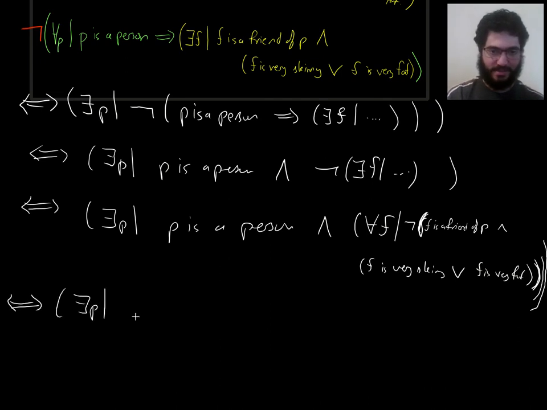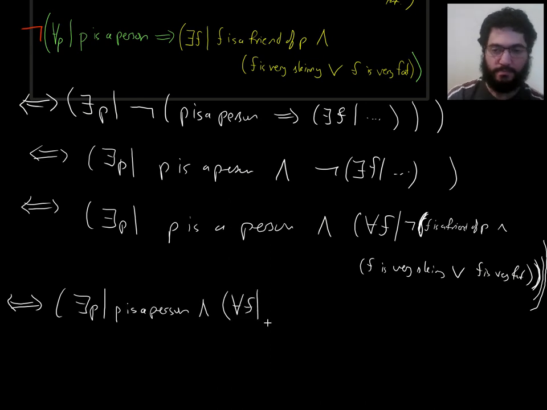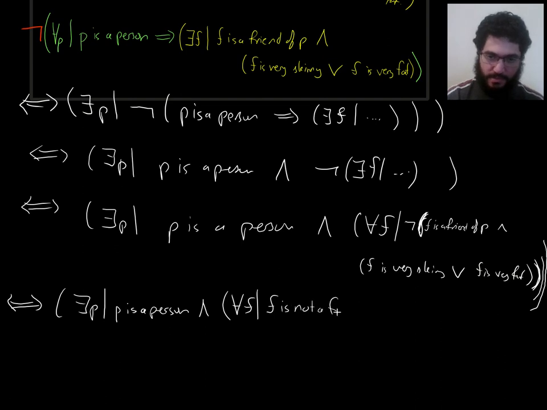Lots of parentheses. So now this negation can distribute over this using De Morgan's law. So there exists a person such that for all f, now f is not a friend of p, or it's not the case that f is very skinny or f is very fat.